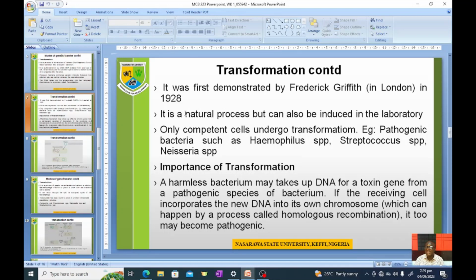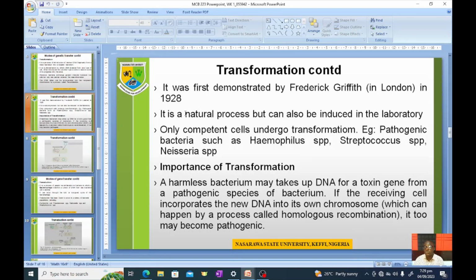One thing that is clear and paramount is that only competent cells undergo transformation. In other words, there are some cells, even though the DNA fragment will be there, they may not be able to receive and get recombined with that DNA fragment. So it's only cells that are competent, that are able to receive and incorporate such DNA components, that can undergo this process we call transformation.